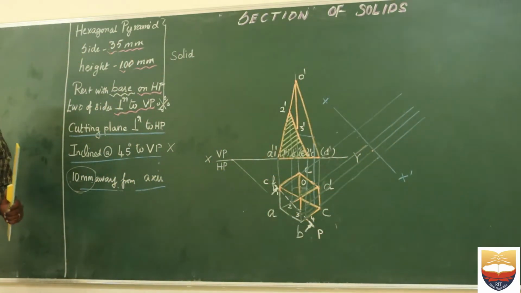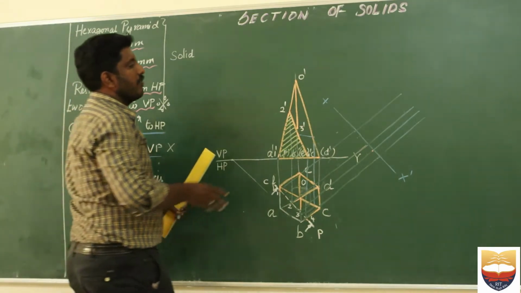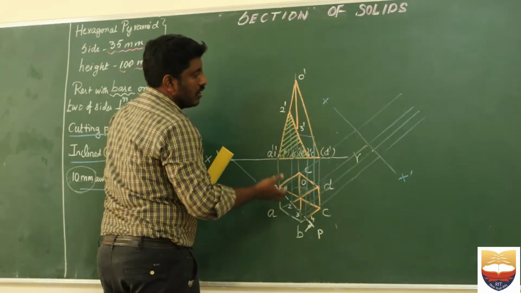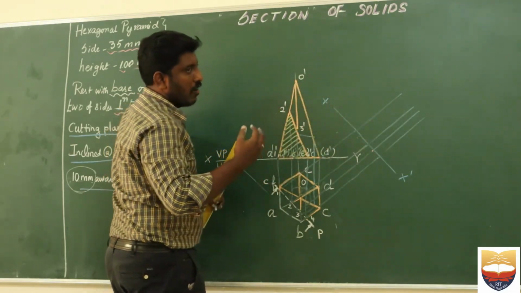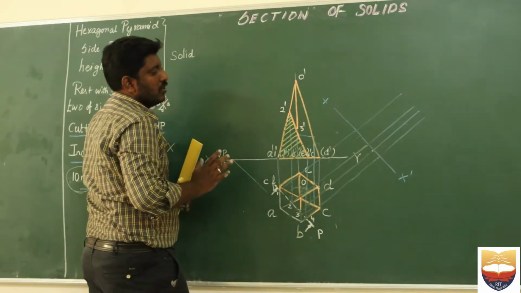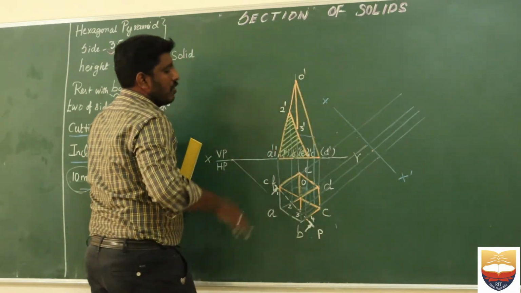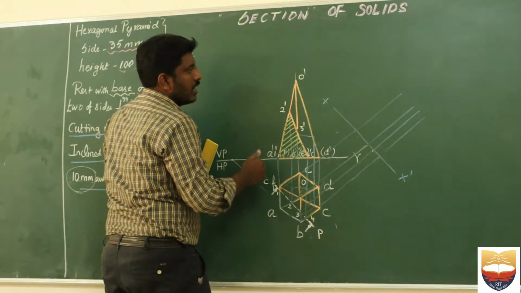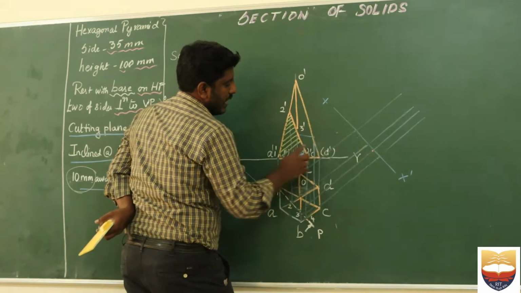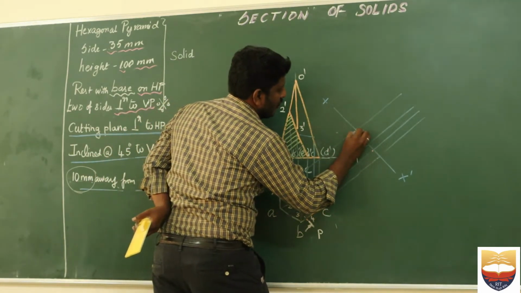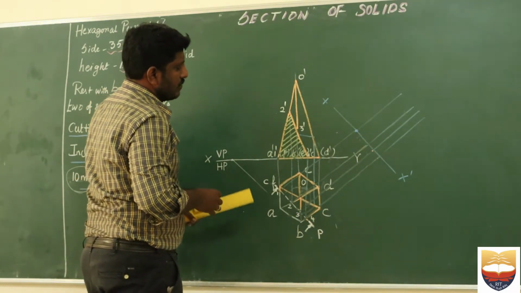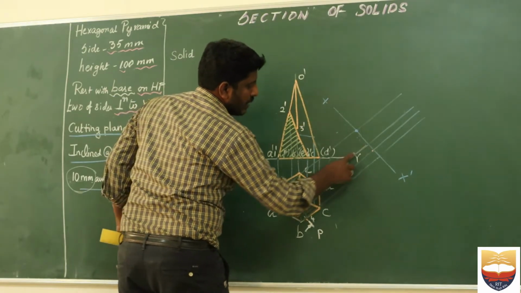Now, in our previous problem, when my cutting plane was at the top, I measured from my reference line to the top view to complete my true shape. Now we go in the reverse direction. My cutting plane is at the bottom, so to complete my true shape I have to measure from my reference line in my front view. You can see this point denotes A. A is available on the reference line itself, so this will be my A. Similarly, this point represents 2.